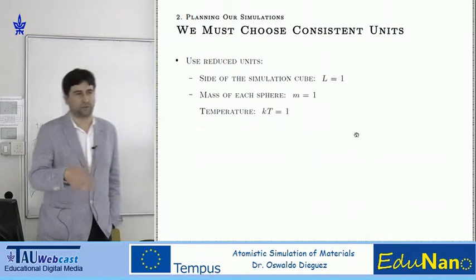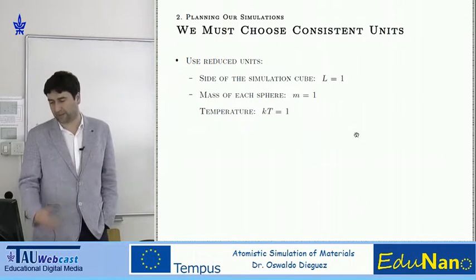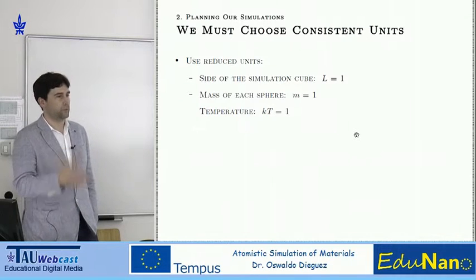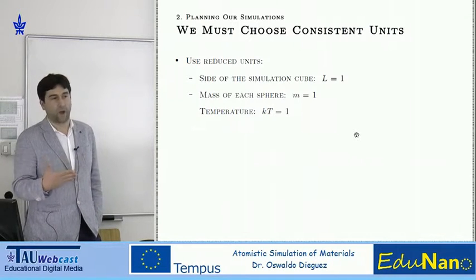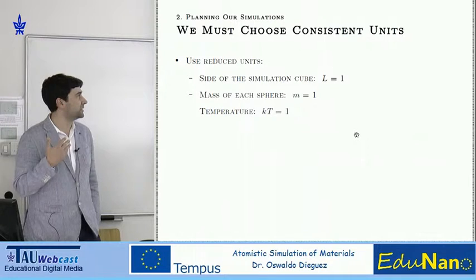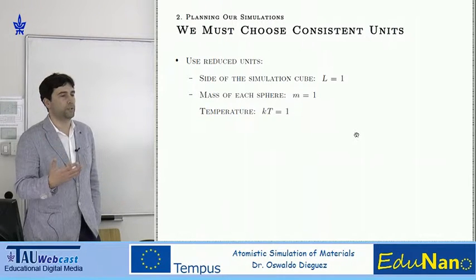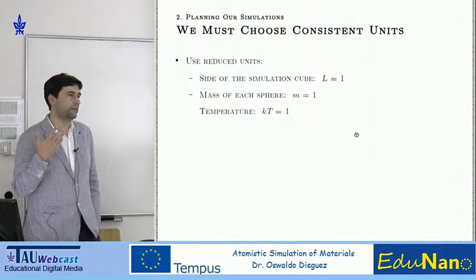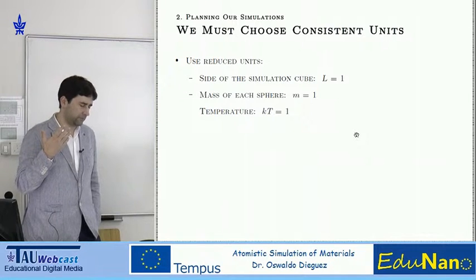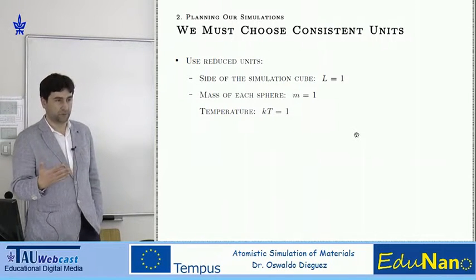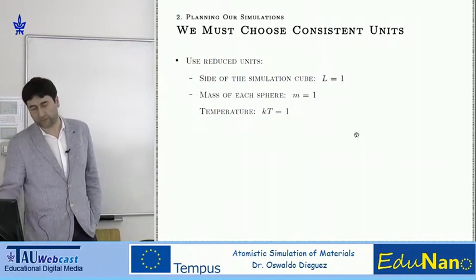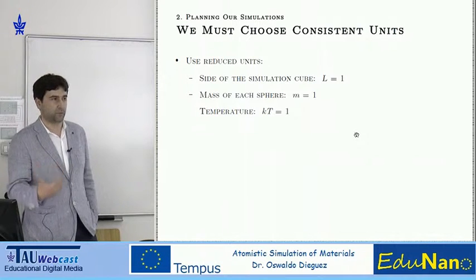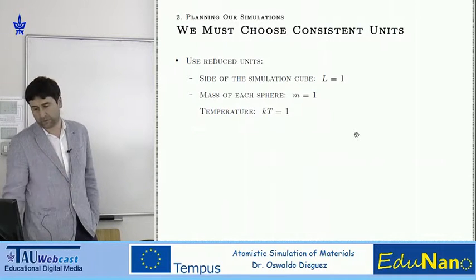Doesn't matter if you don't understand this, it will come back again. But we can set the length to be 1, and this will influence the diameter of the balls, okay? Because there is a length scale, which is the diameter of the balls.